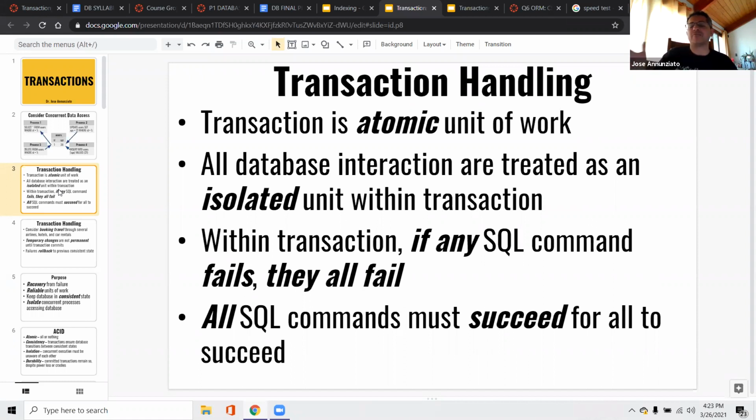What if somehow the system goes down and crashes and burns, and before we had a chance to deposit, or credit account number 2, then we would be losing $100 somewhere. The account here was debited $100, but we never got the chance to deposit in the other. So transactions allow us to group this together so that they both have to be successful to consider the whole thing successful.